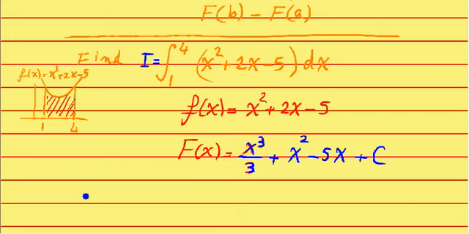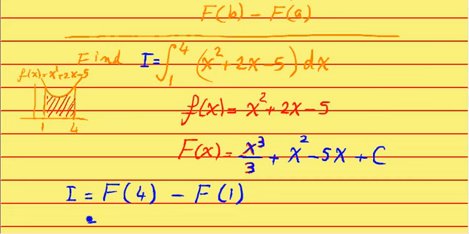To calculate I, here is the recipe we arrived at. Take your antiderivative, plug the upper limit of your integration in it, and plug the lower limit in it, f of 1. So I just put 4 and 1 in it, calculate, subtract, and that's it.